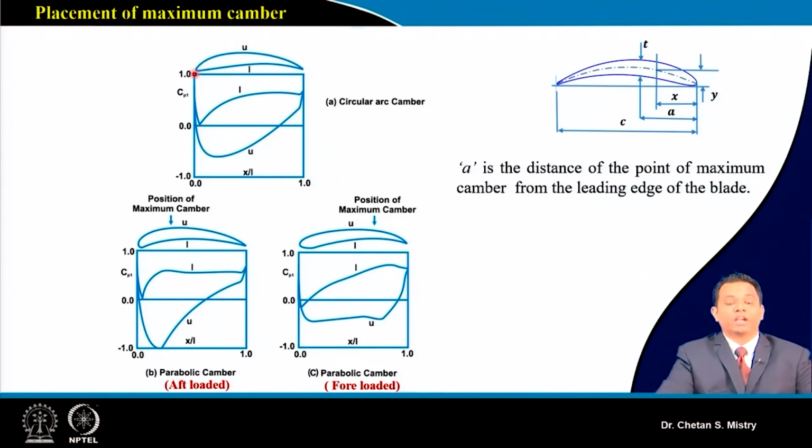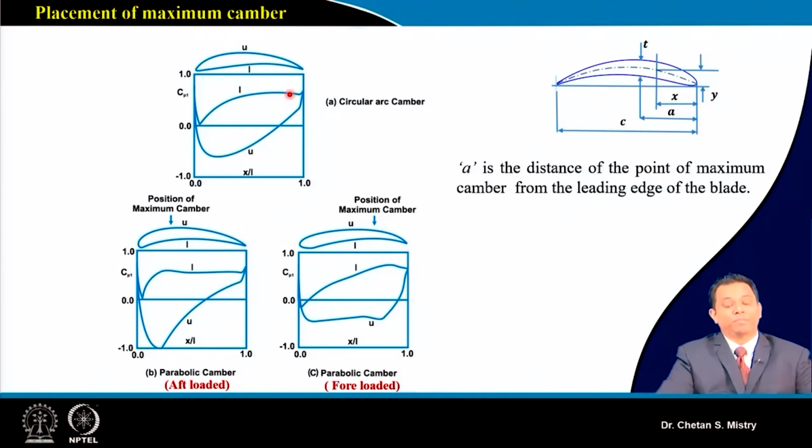For this kind of circular camber line, I will have a whole lot of acceleration on my upper surface, and then my flow is getting decelerated. Similarly, on my lower surface, the pressure surface, I will have a little acceleration, and then deceleration of flow.